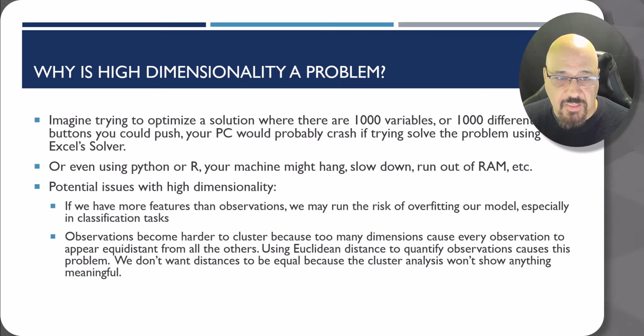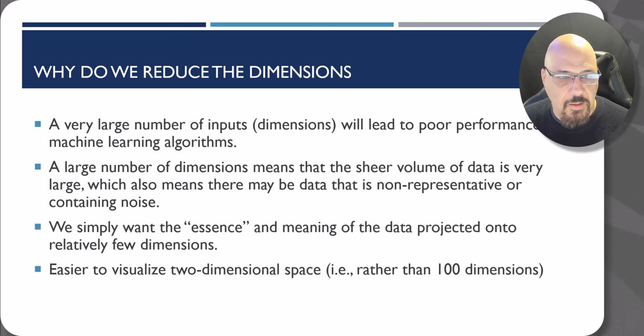The reason I say that is because in clustering, we use Euclidean distance to quantify these observations, and using Euclidean distance starts to cause this problem. We don't want distances to be equal because the cluster analysis won't show anything meaningful or useful. So that's another reason why we have to reduce the dimensions of our data, especially in clustering tasks and unsupervised learning tasks.